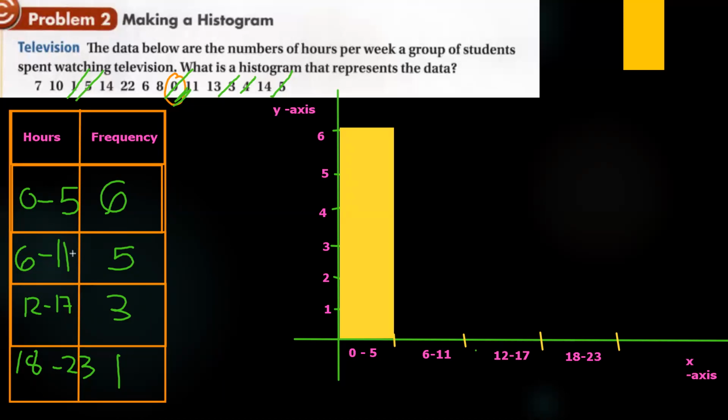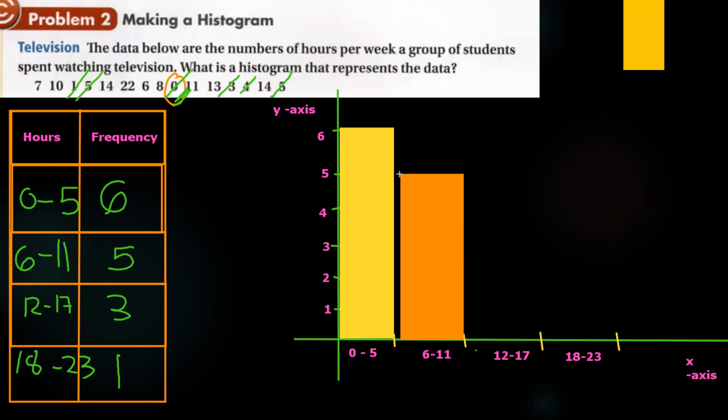Then, what is the next one? From 6 to 11. How many numbers from 6 to 11? 5. So you stop at number 5 and draw the bar. Now, don't overlap. This is the meaning of overlap: going on top of each other.